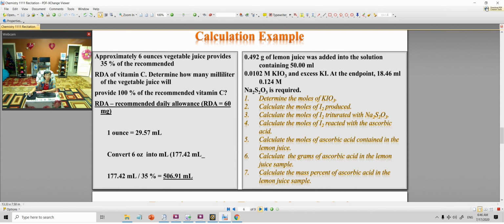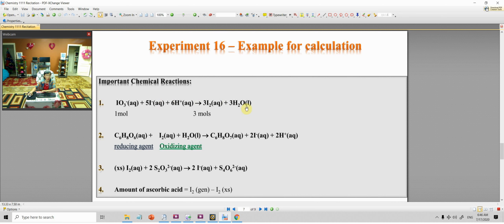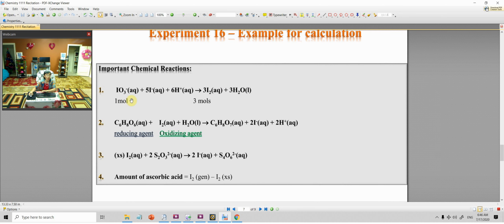Let me go to the example to do the calculation. So again, you have 1 mole iodate, which produces 3 moles of iodine. So 1 mole vitamin C reacts with 1 mole of iodine. So this is generated, and they fully reacted.